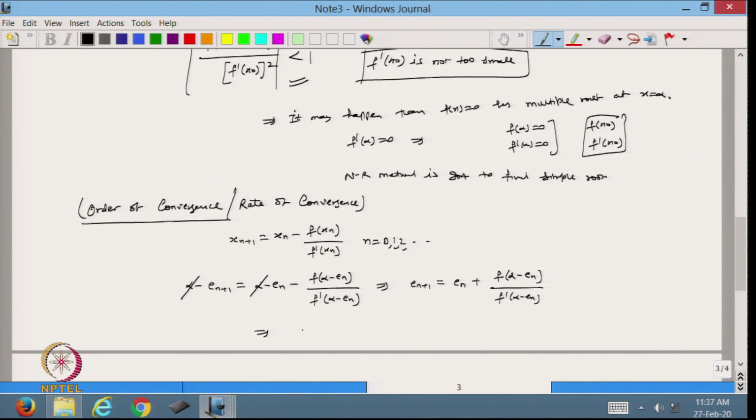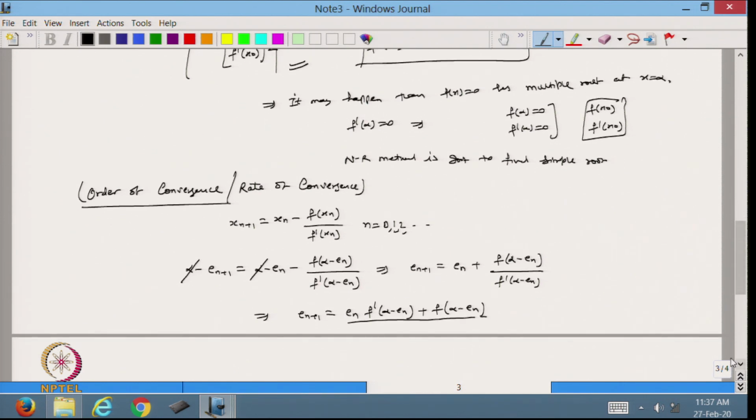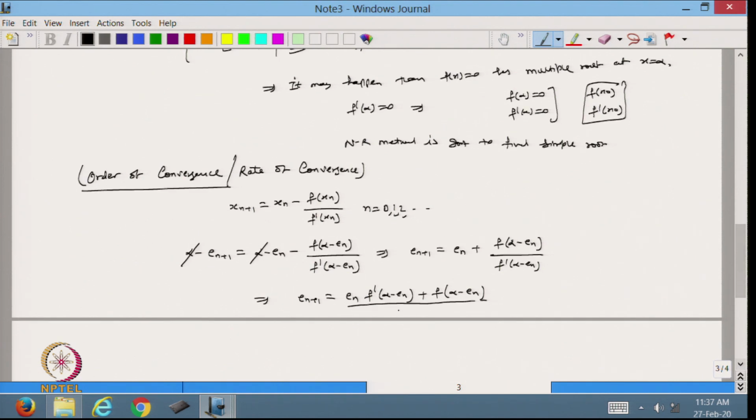From here I can write E n plus 1 is equal to E n f dash alpha minus E n plus f alpha minus E n, divided by the whole f dash alpha minus E n.